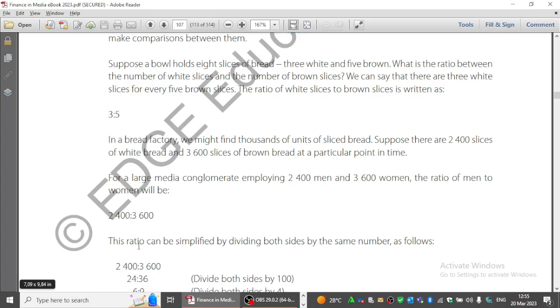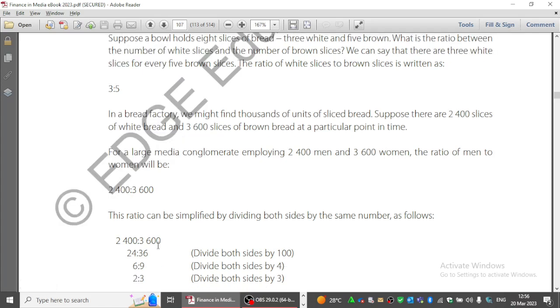This ratio can still be simplified, if you still remember the simplification that we performed during our fraction calculations. We need to find a common factor which will be used to divide both numbers to simplify the fraction and find the simplest form of this ratio.